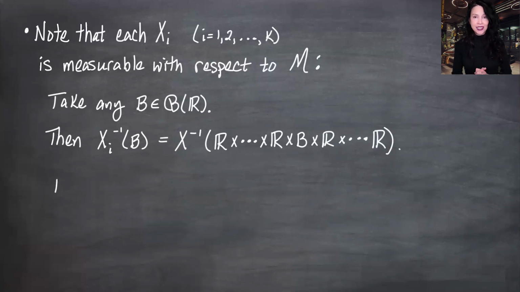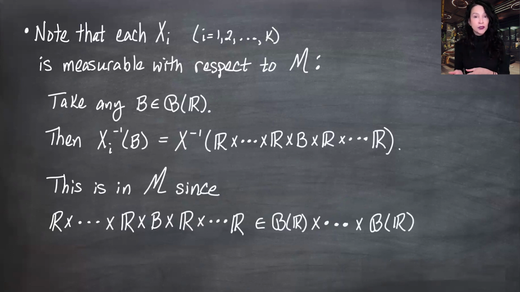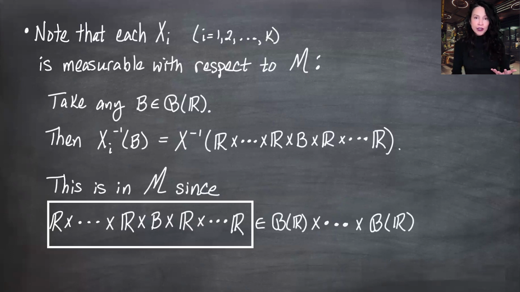If it is, we are done with at least showing this claim. So it is a Borel set on R^K, and here's why. If you look at this cross product of sets, this is R cross R cross R, etc., but the ith component is B. This is an element of the one-dimensional Borel sets crossed with the one-dimensional Borel sets crossed with the one-dimensional Borel sets, etc. Over here, I have a set in k dimensions.